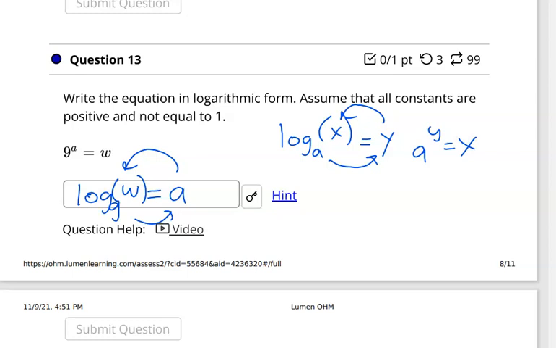Sorry, that's not a g, it's a 9. So just get those equations together. You remember the little spirally thing? Log base a of x equals y, a to the y equals x. They're equivalent statements.